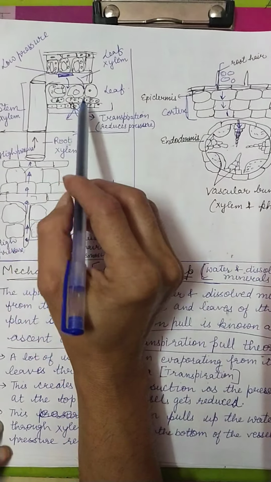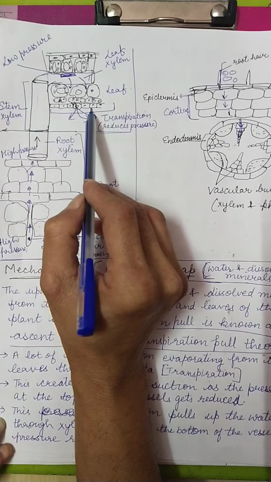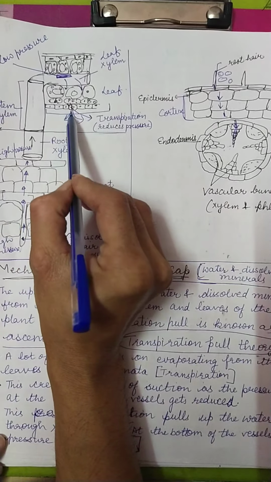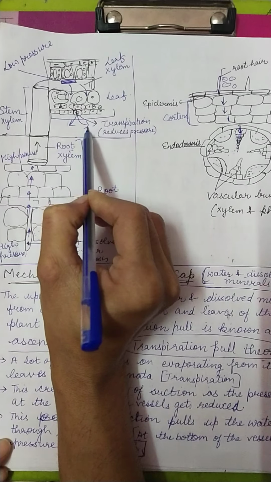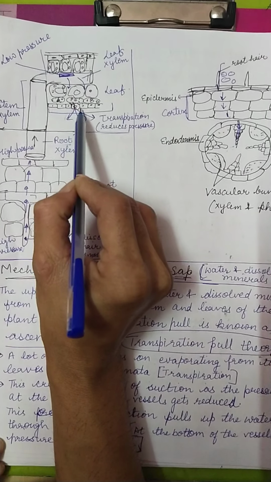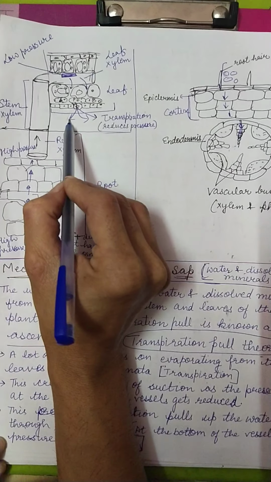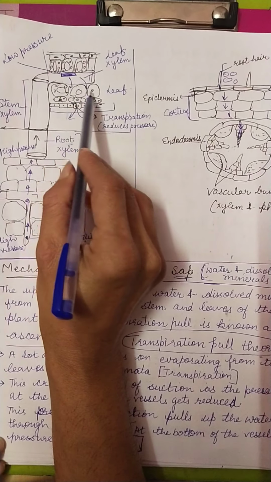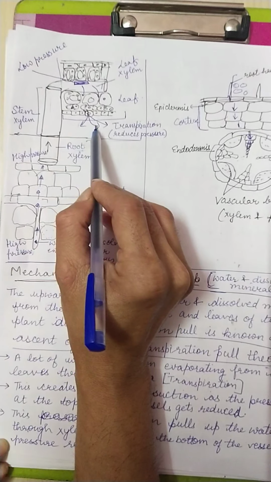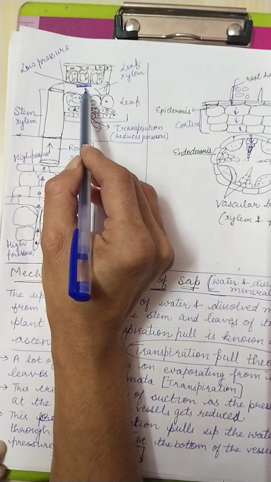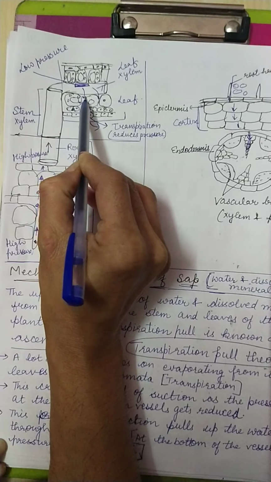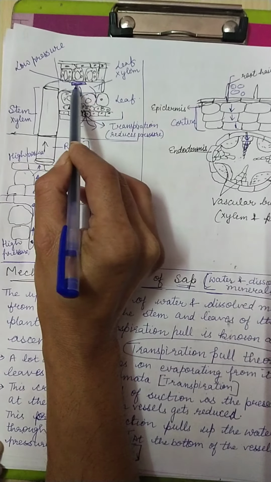We have done the TS of leaf in our first lecture, in which you see that there is a continuous loss of water from the tiny pores called stomata. When these stomata open, water gets lost from the mesophyll cells of the leaf by the process of transpiration. When water is lost, the requirement is fulfilled by the water present in the leaf xylem.